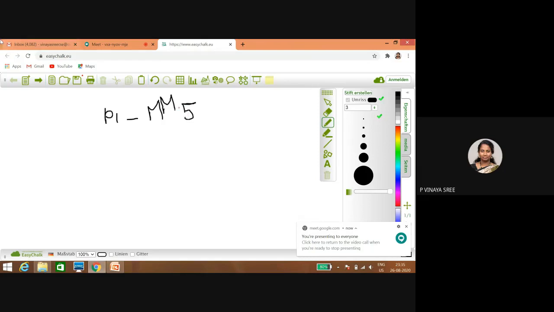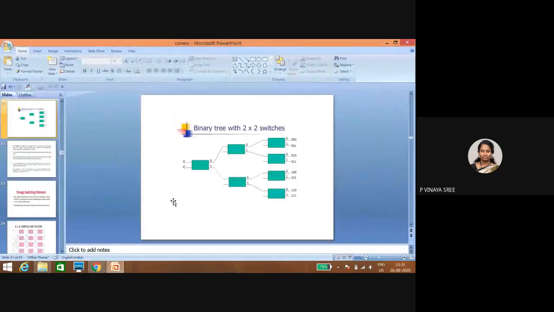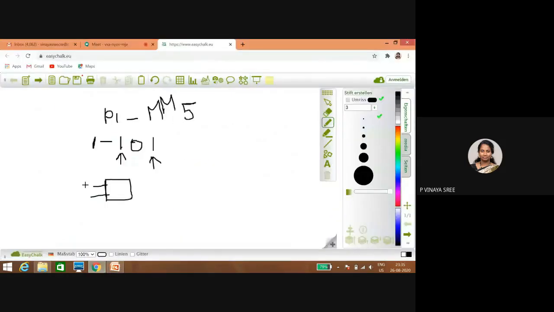In processor 1, 5 is represented as 101. So this is your most significant bit, this is your least significant bit, this is your middle bit. We have 2 cross 2 switches. One is processor P1 and the other one is processor P2. So we have a 0 and 1.